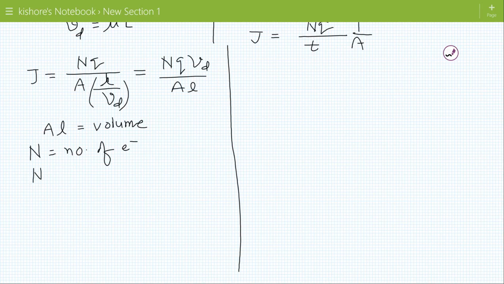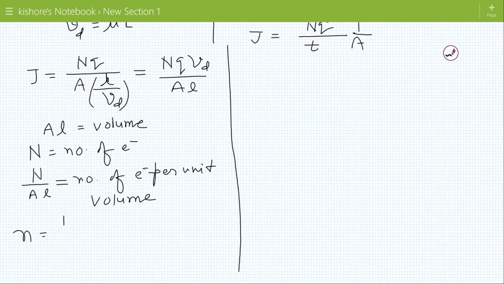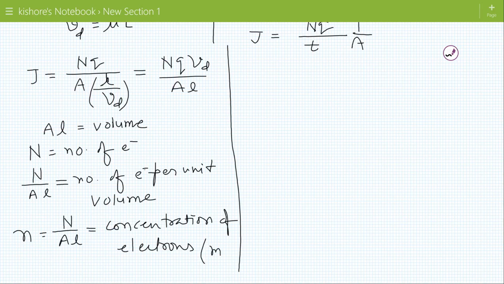So N by AL is number of electrons per unit volume, and this is denoted by small n, that is number of electrons per unit volume, and it is called concentration of electrons. And its unit is per cubic meter.